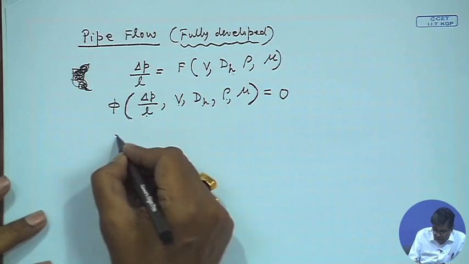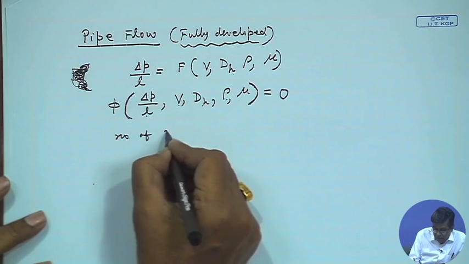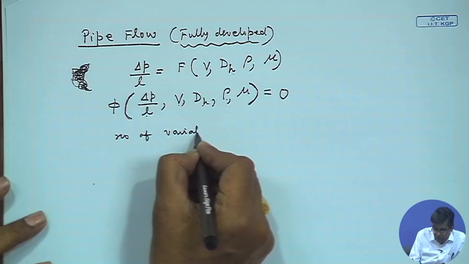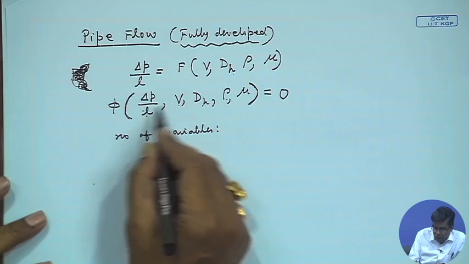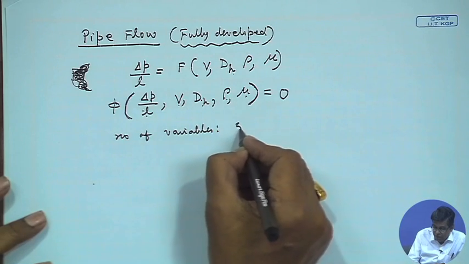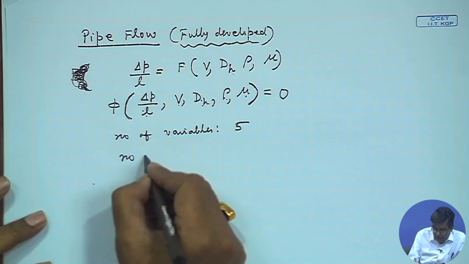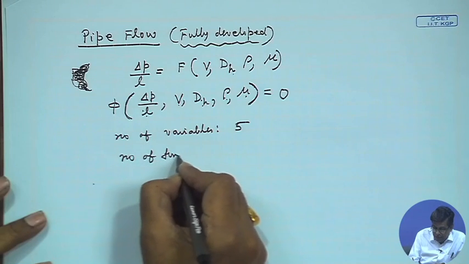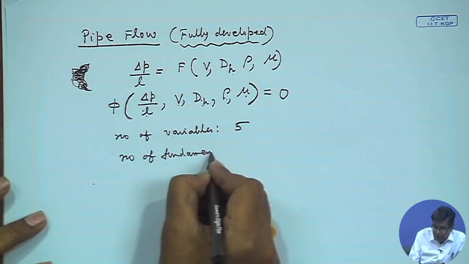Here the number of variables is 1, 2, 3, 4, 5.